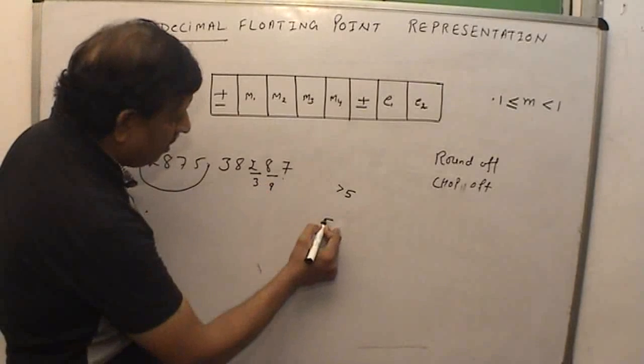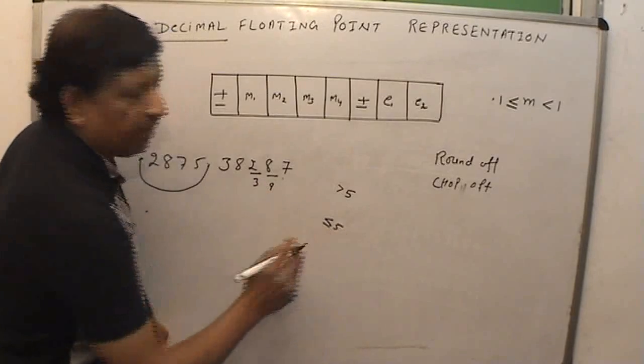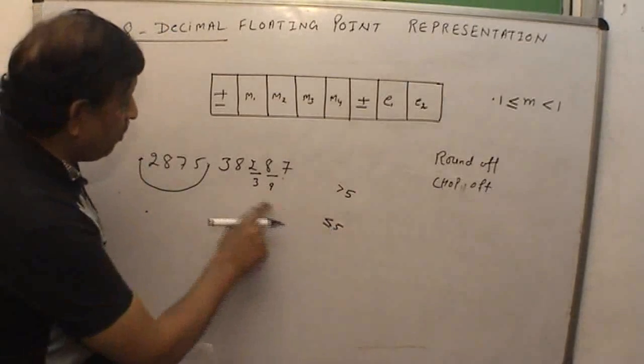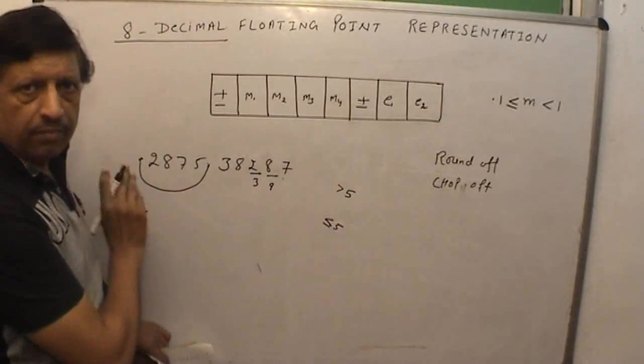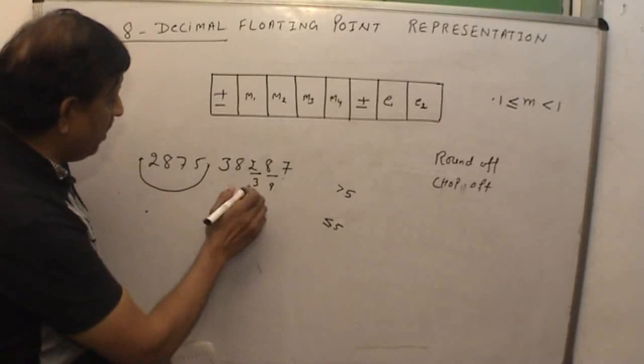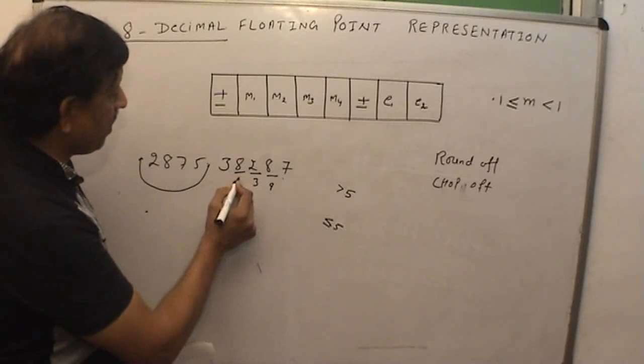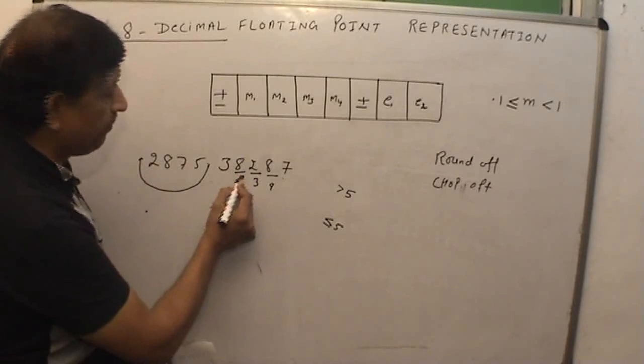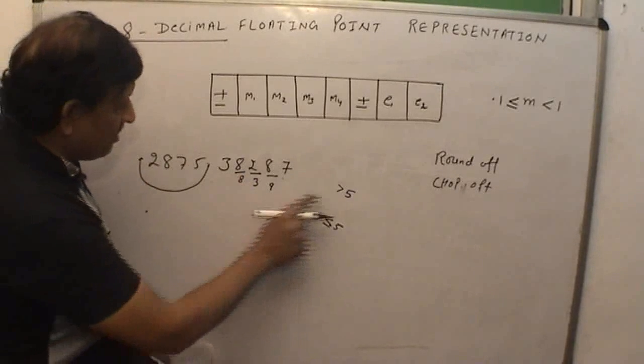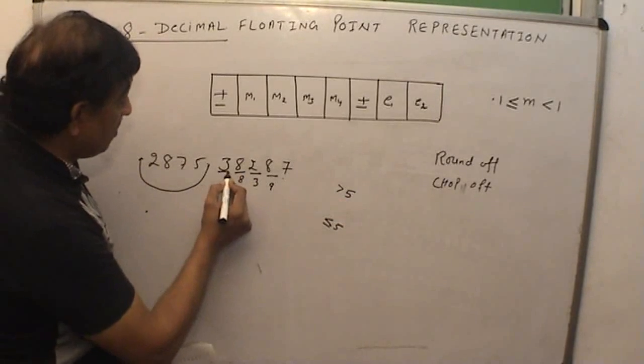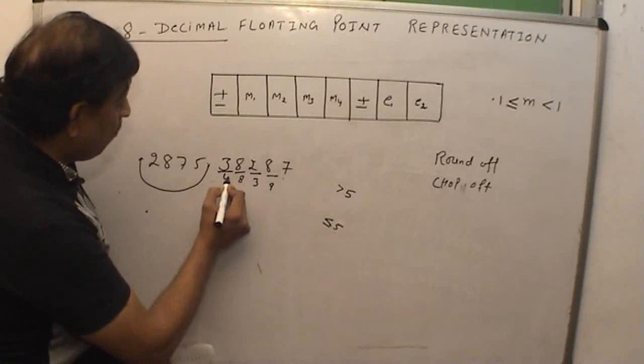If the figures are less than or equal to 5, then we do not alter the figure. Now it is 3, we don't alter this figure, it will remain 8. Now it is 8, greater than 5, we will consider it as 4.